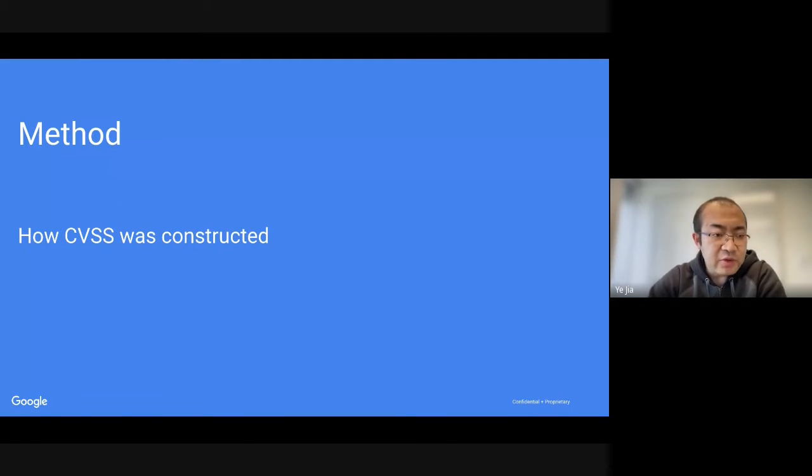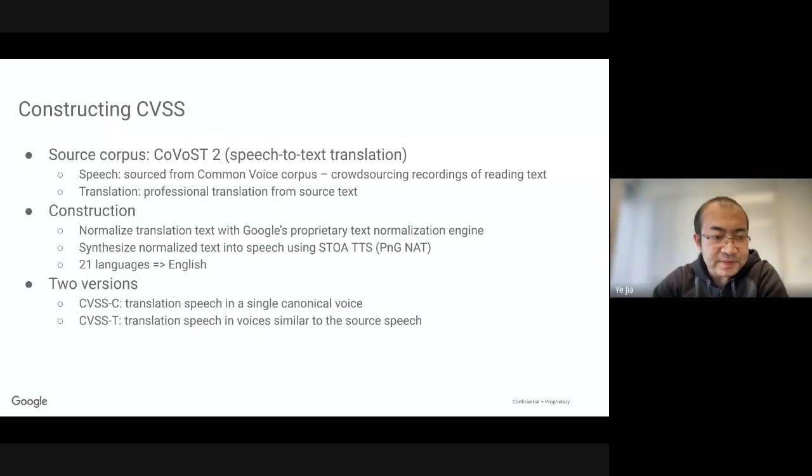So next, I'm going to quickly talk about how we construct the CVSS corpus. The CVSS corpus is derived from CoVoST 2, which is a speech-to-text translation corpus. And CoVoST 2 is further derived from the Mozilla Common Voice corpus, which is essentially an ASR dataset.